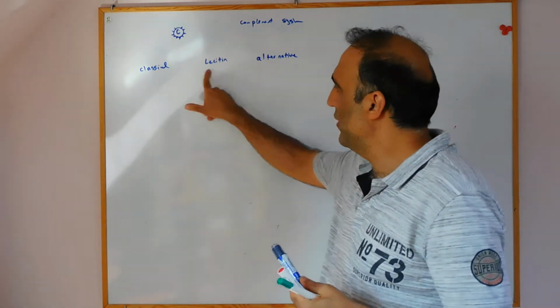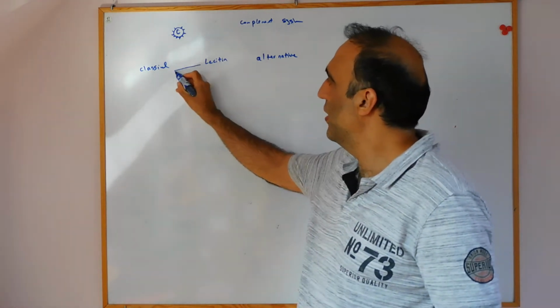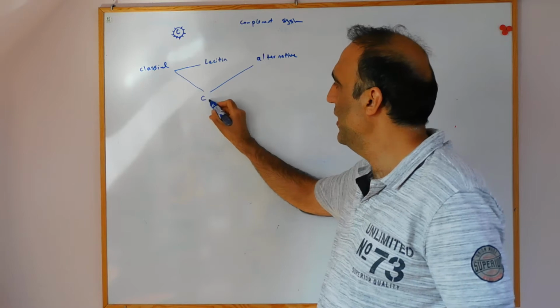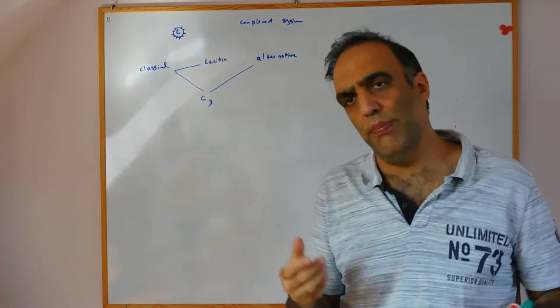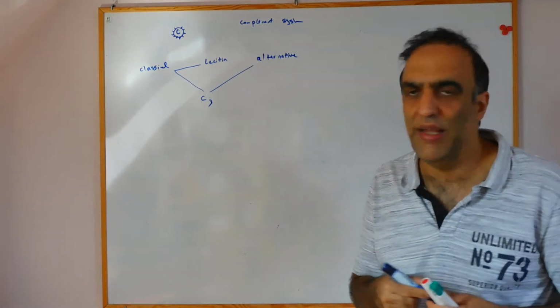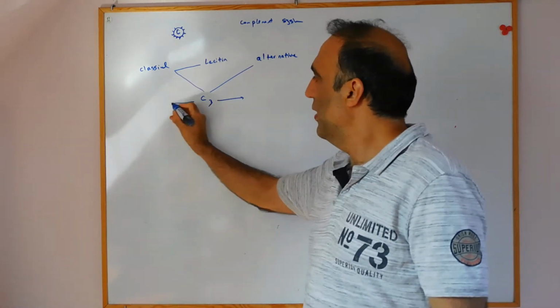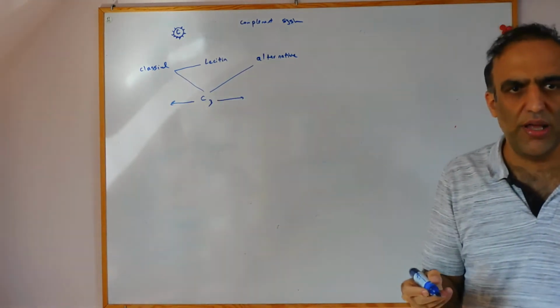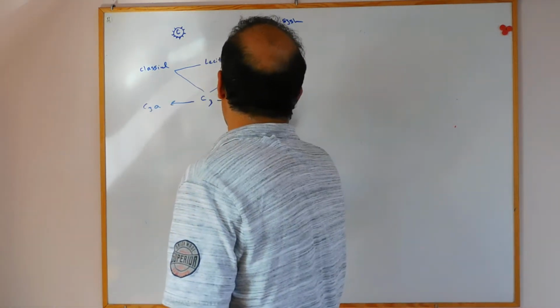As you know, there is a relation between these three, and the main link between them is C3, complement 3. When the C3 protein is activated by these three cascade mechanisms, C3 can change to C3a and C3b.